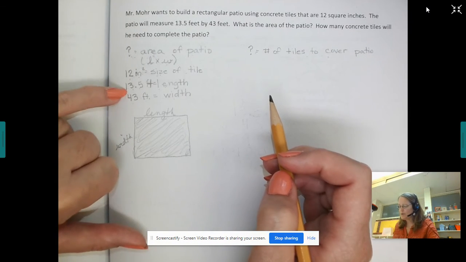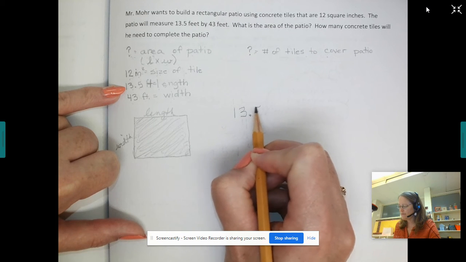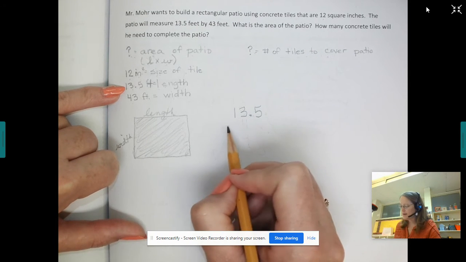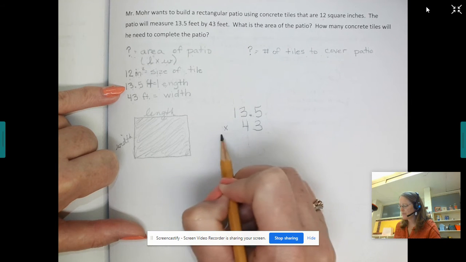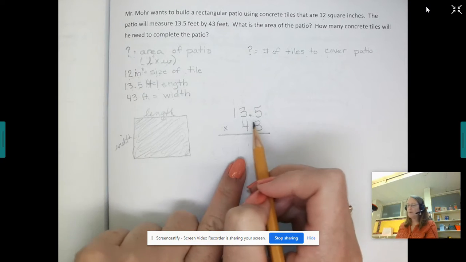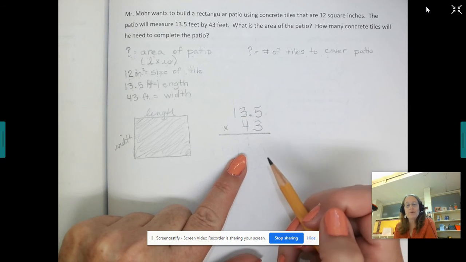So we know that we're going to multiply 13 and 5/10 times 43. When I'm multiplying using my standard algorithm, I want these to be whole numbers.